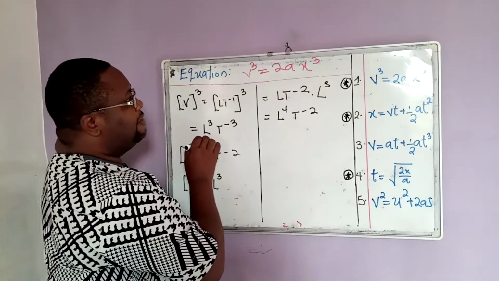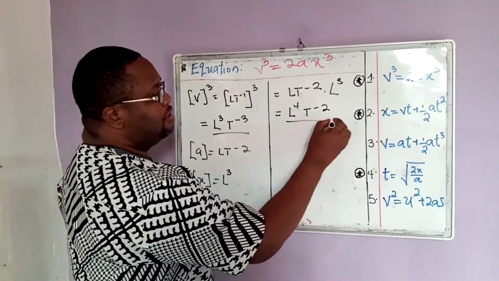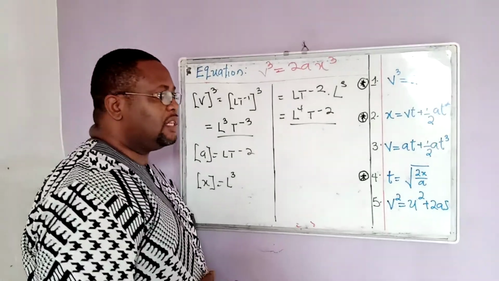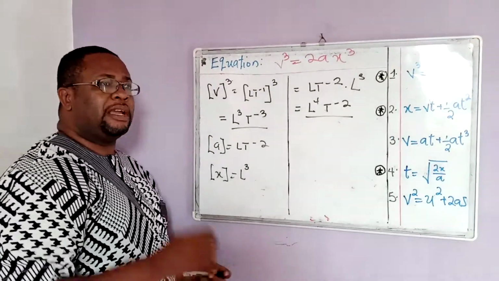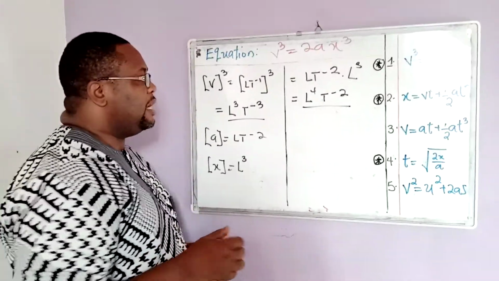You discover that the dimensions on the left hand side are not equal to those on the right hand side. So that equation is not dimensionally consistent or dimensionally correct.